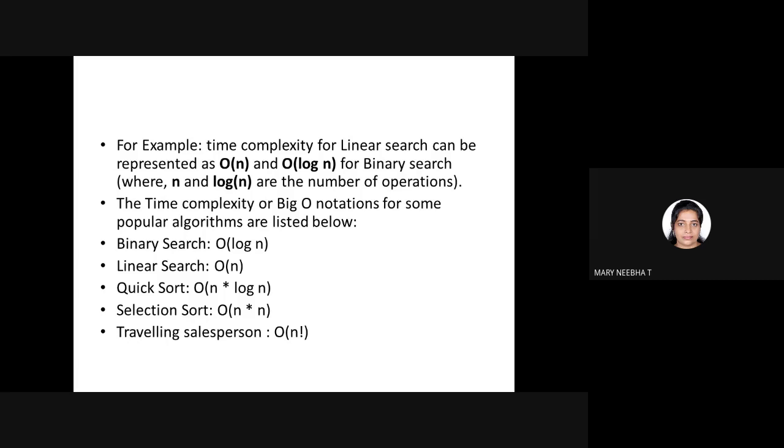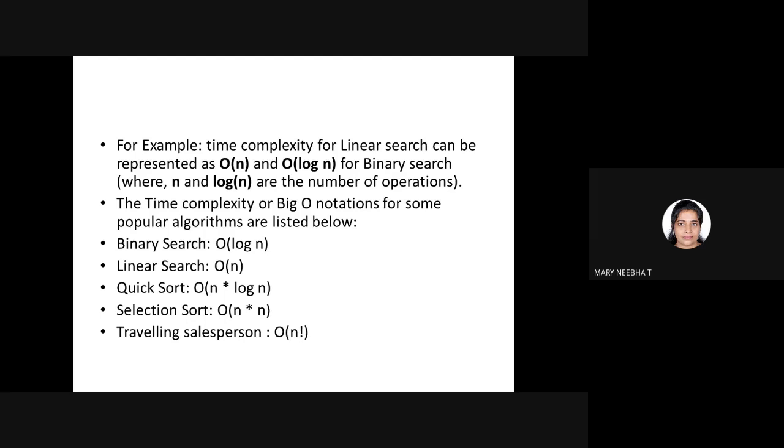Now let us count the number of operations it performs. Suppose you have 10 numbers in an array, 1 to 10, arranged in ascending form: 1, 2, 3, 4, 5, 6, 7, 8, 9, 10.